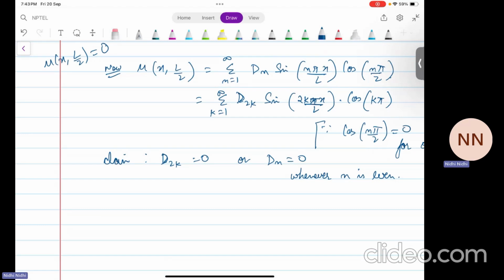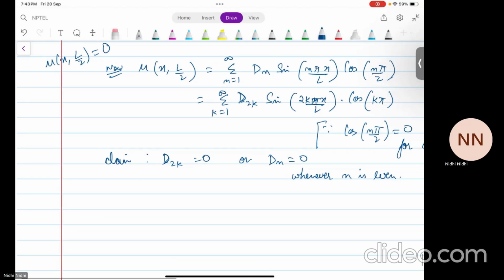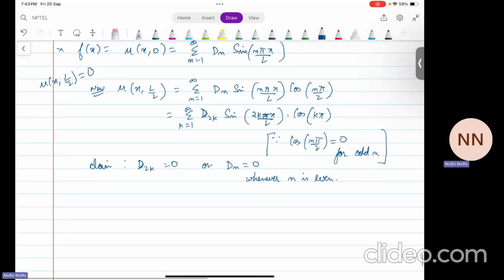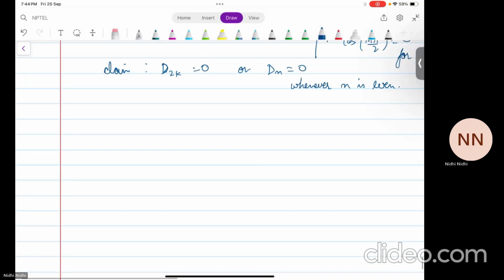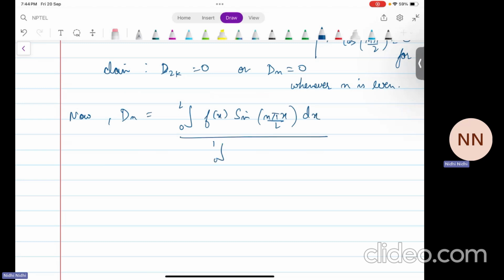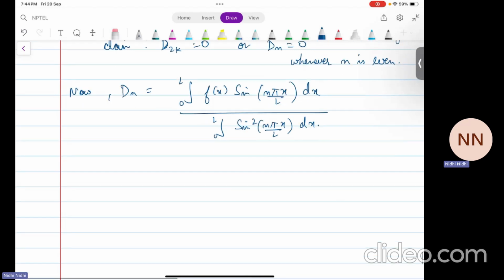Now this d_n is equal to integration 0 to L f(x) sine(n pi x by L) dx by integration 0 to L, sorry, sine square(n pi x by L) dx. Clearly this denominator turns out to be L by 2.